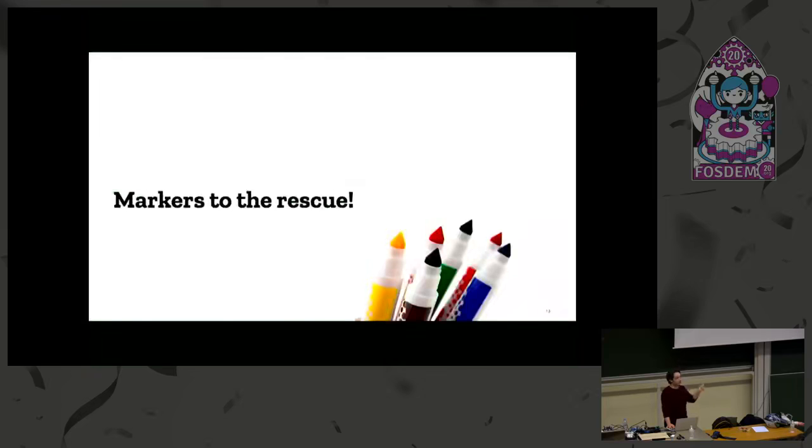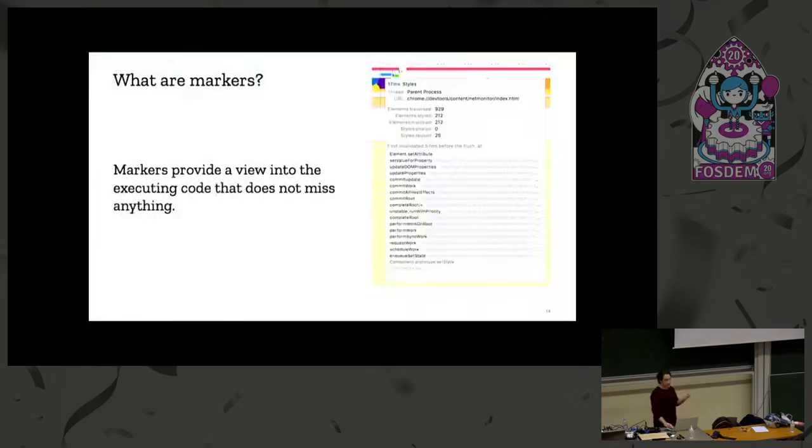So markers to the rescue. In addition to the sample data, in the profiler we also have marker data. And what are markers? They are also very similar to samples. They provide a view into the executing code, but they don't miss anything, because we manually add that information in the source code, and we also include additional information.